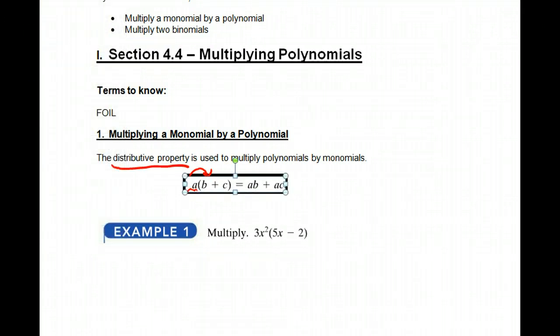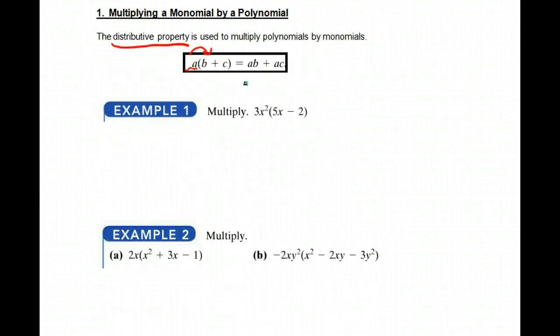So if not, I encourage you to go back and revisit that lesson to make sure that you do know how to distribute. What we're going to focus on now is utilizing some monomials that are more than just a number or a variable. They're going to actually be a combination thereof and be some more in-depth monomials.